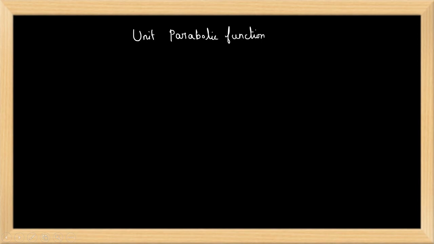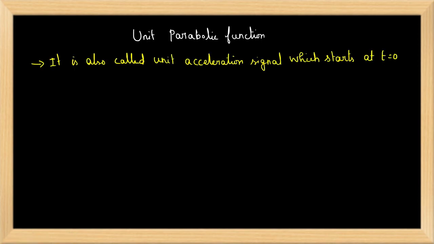The next one is the unit parabolic function. It is also called the unit acceleration signal, which starts at t = 0. Mathematically it is given as p(t) = t squared by 2 for t greater than or equal to 0, and 0 otherwise. Graphically it can be represented like this.